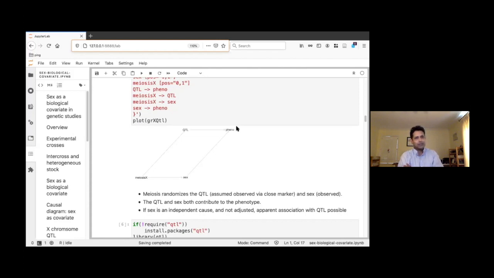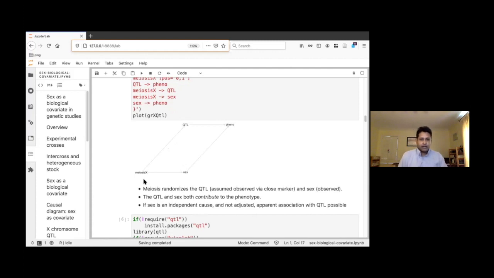Let's start with something easy, which is let's analyze the X chromosome correctly. So this is one way of thinking about why it is important to think carefully about where sex fits in the study design, and how you think about the structure of the trait.